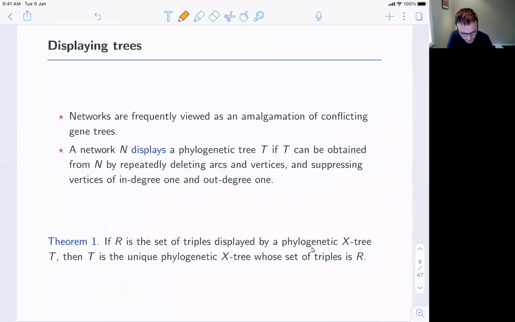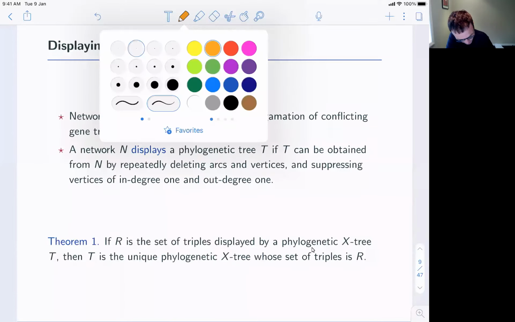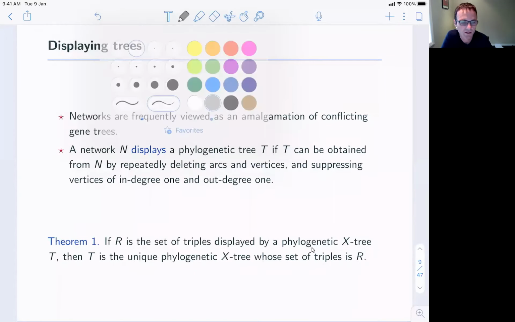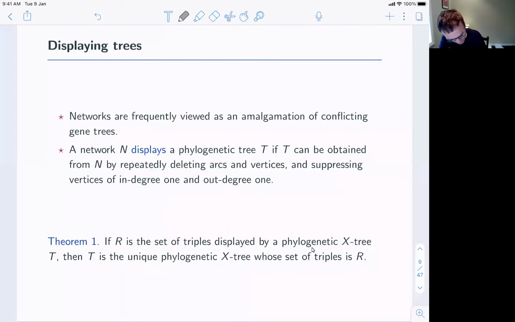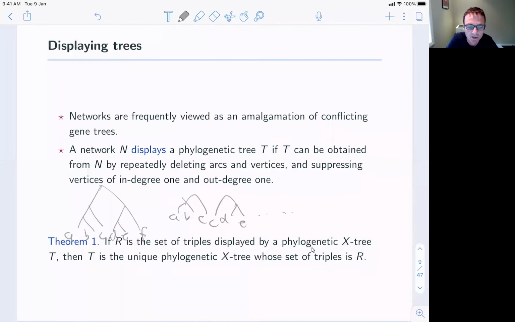So if I take some tree, say with leaves A, B, C, D, E, F, and I take all the rooted triples of that tree, then for that set of rooted triples, there's exactly one tree they came from.